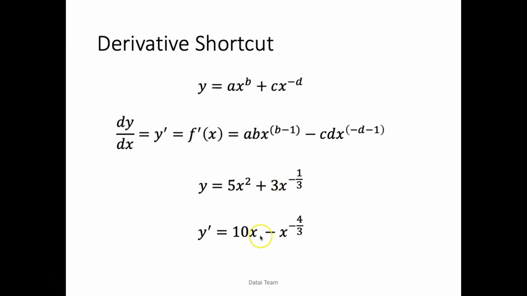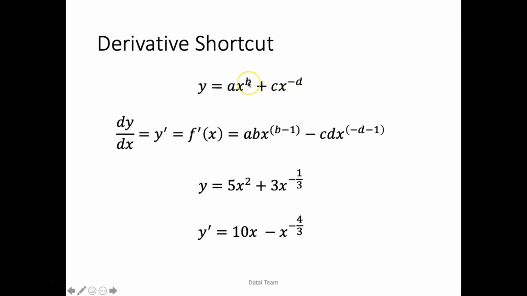And here we have the shortcut. Let's say that we have y is equal to a x to the power of b plus c x to the power of negative d, and when we take the first derivative, we get a b x to the power of b minus 1 minus c d x to the power of negative d minus 1.